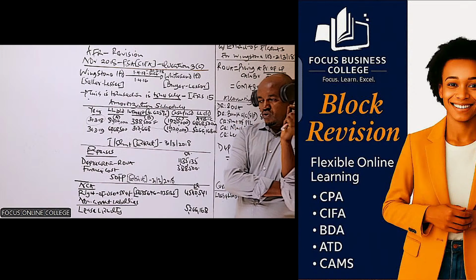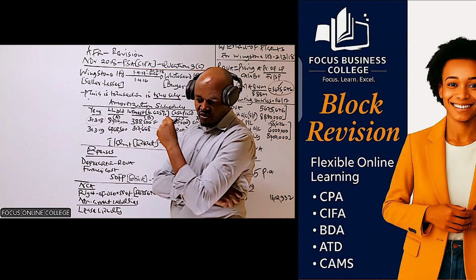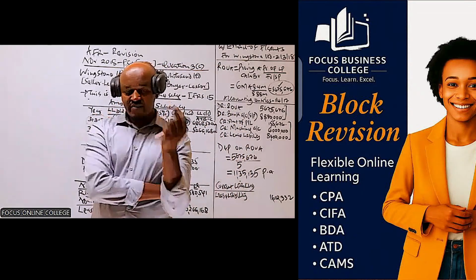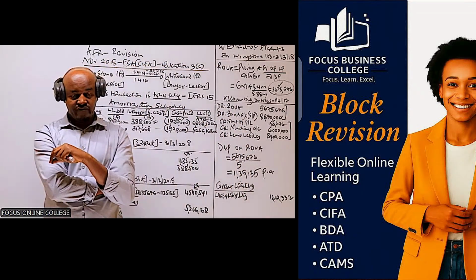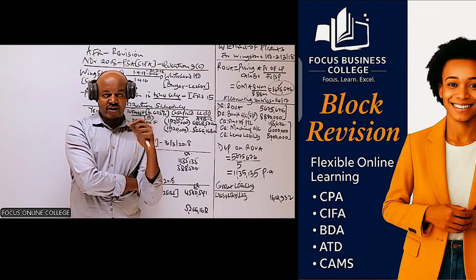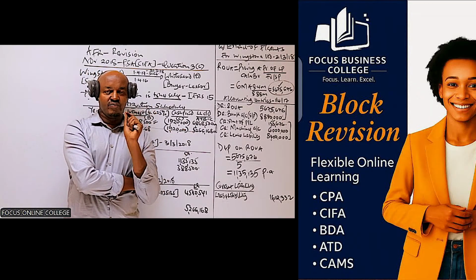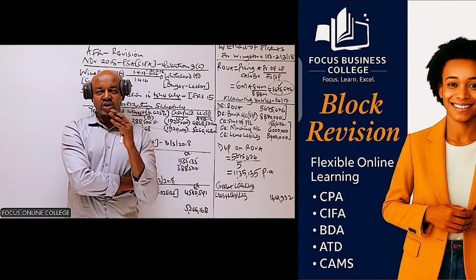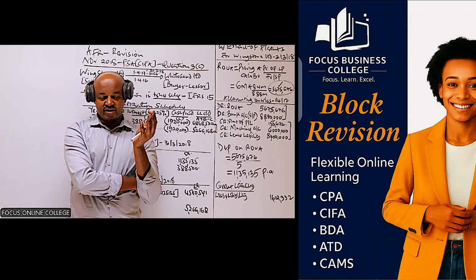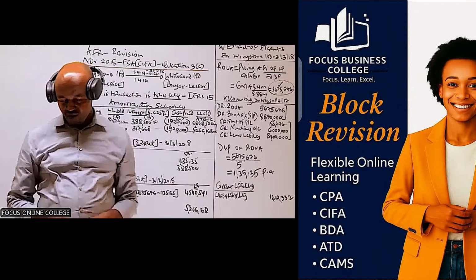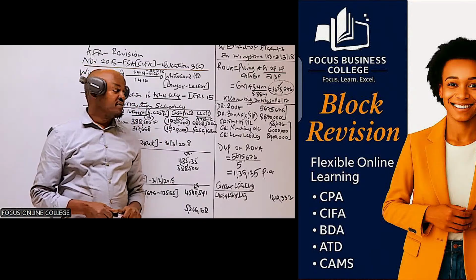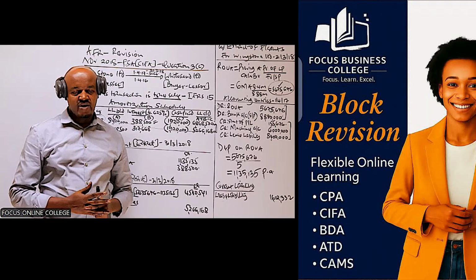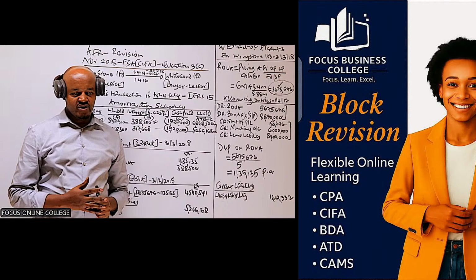Also look at the two questions we did, where the minimum lease payments are payable at the start of the year and at the end of the year, because we said the computation of the right of use asset and lease liability in those two instances is different. That way, if you come across a question from this area of leases, you will be in a position to comfortably handle it.